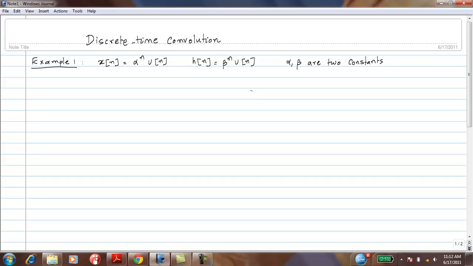Let's start by sketching these functions and get a feel for how this convolution would work. So if I were to sketch this function x of n, this function would look like this.